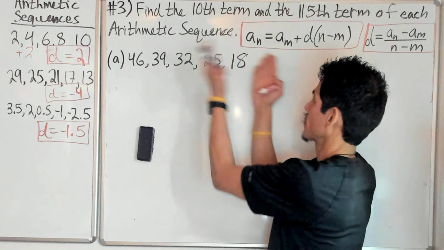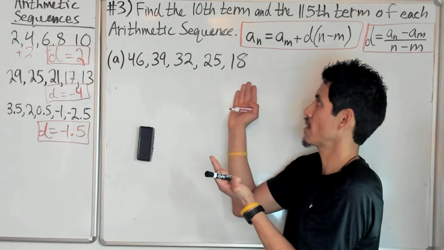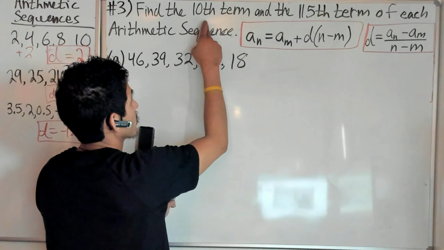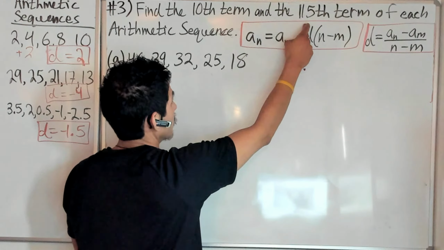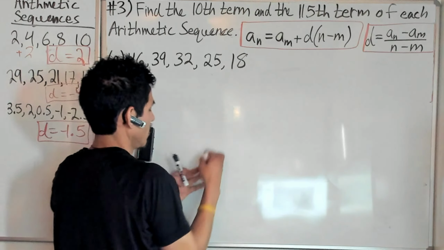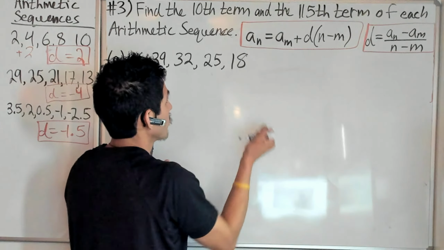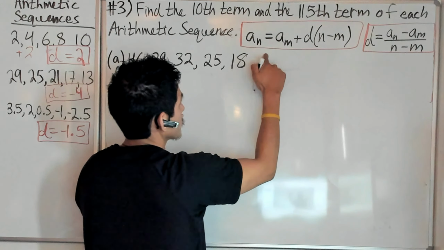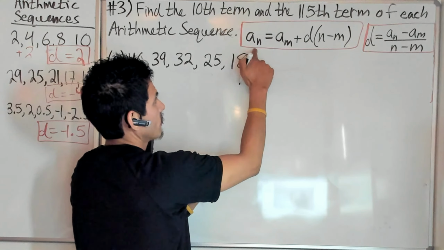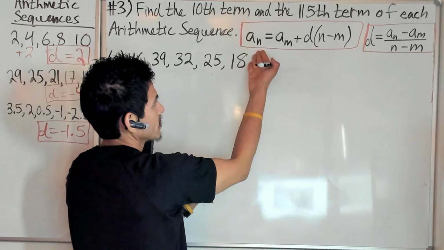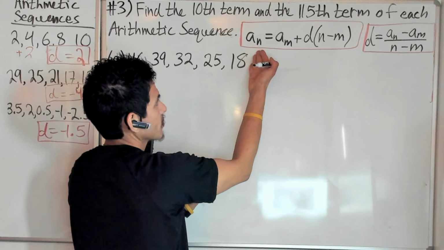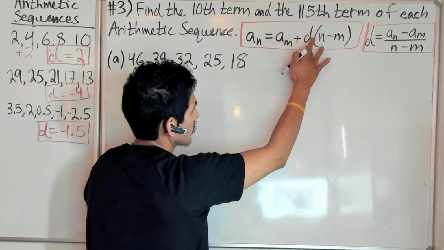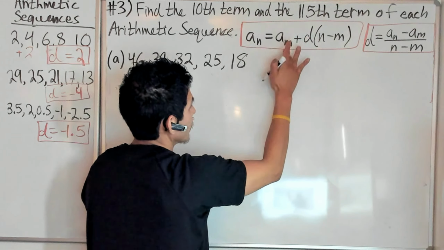Anyway, let's look at how we can find terms when you're given an arithmetic sequence. In this example we're going to find the 10th term and the 115th term when we're given the first 5 terms. For this, we're going to refer to these two equations. The first equation allows you to find any term, any an term, so we can find the nth term using the common difference and another term.